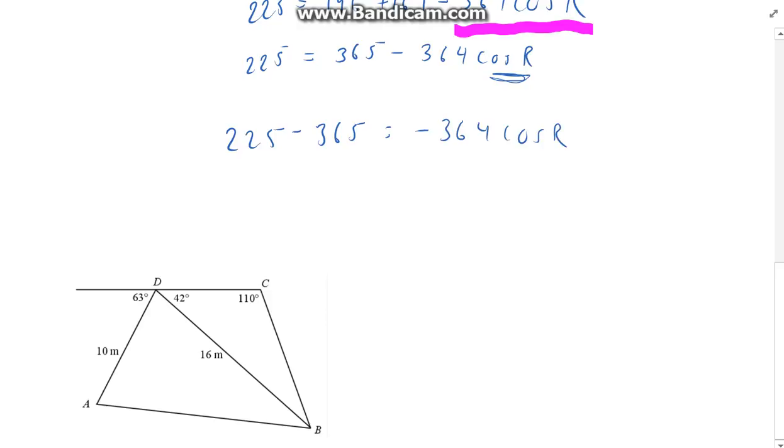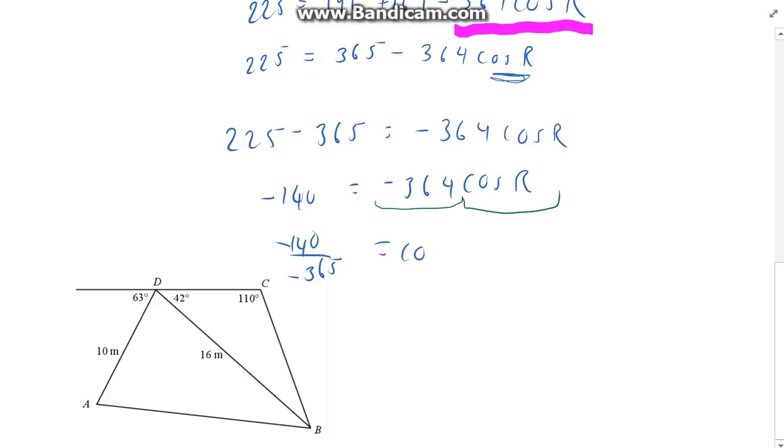So 225 minus 365 will give us minus 140 equals minus 364 cosine r. We're trying to find cosine r. We can see that cosine r and minus 364 are multiplying by each other, so we'll bring the minus 364 across and it becomes a divisor.